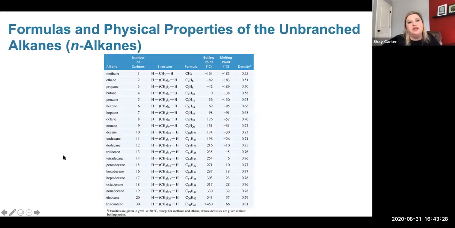So this is a huge table, and you don't have to memorize this. This is just showing you how the physical properties change when we have unbranched alkanes. Sometimes they're called n-alkanes or normal alkanes. In other words, they're just big, long chains of carbon and hydrogen. So we're not talking about branched alkanes, we're talking about n-alkanes. Okay.